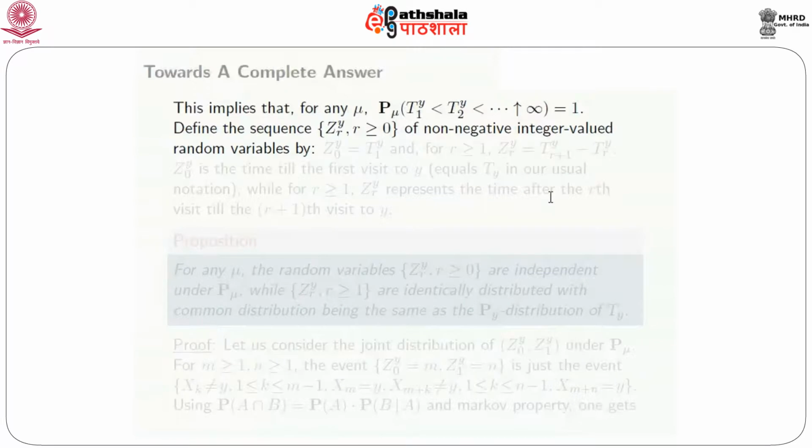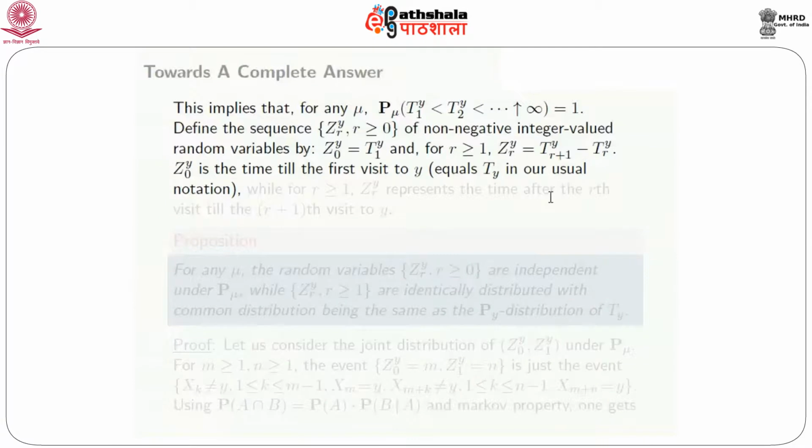Now we define a new sequence of non-negative integer valued random variables. We want to call it Z_r^y for r greater than or equal to 0, and they're defined like this. Z_0^y is just T_1^y, that is the time starting from 0 until the first visit to y. But for r greater than or equal to 1, Z_r^y is T_{r+1}^y minus T_r^y. So let's see what these things mean.